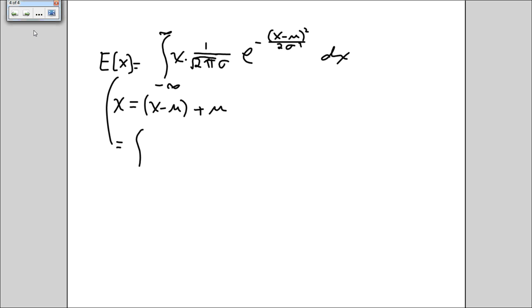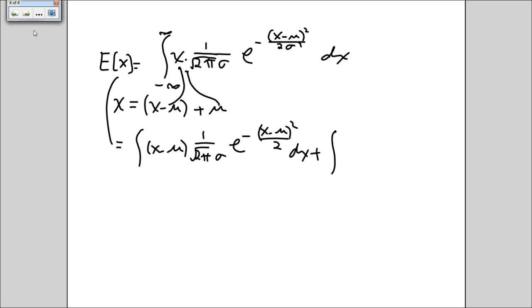First, instead of x, you have x minus mu, times 1 over the square root of 2 pi sigma, e to the negative x minus mu squared over 2 sigma squared, dx, plus mu, since the x is now just mu: the integral of mu times 1 over the square root of 2 pi sigma e to the negative x minus mu squared over 2 sigma squared dx.